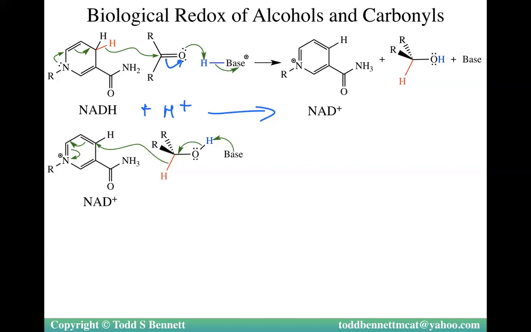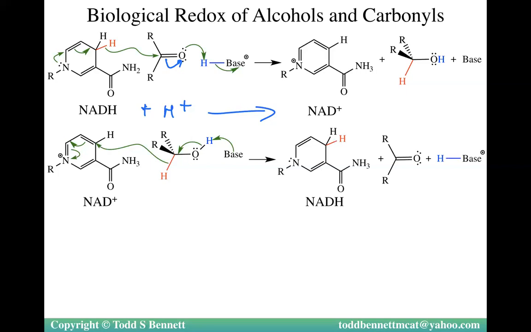Okay, so here's the other reaction, NAD plus, complete opposite, the base is going to come in, that's going to go here, move those electrons over. It basically undoes everything we did in the first pathway. So again, NAD plus goes to NADH plus this H plus right there.